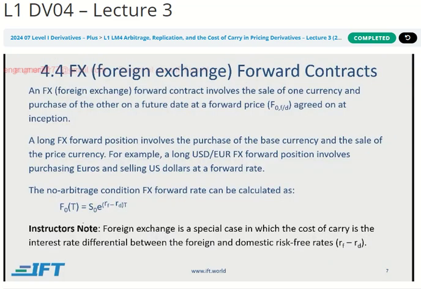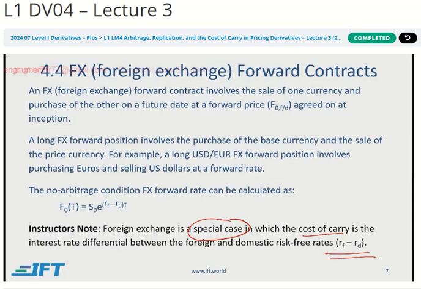Now, when we talk about doing the same thing, instead of doing it for gold or stocks or an index of stocks, if we do it for currencies, it gets a little bit complicated, but it is not that complicated. This is a special case where the cost of carry is not the interest rate of one currency or the other, it is actually the difference between the two.